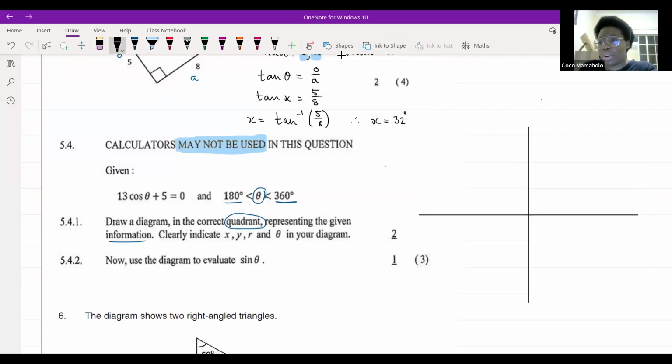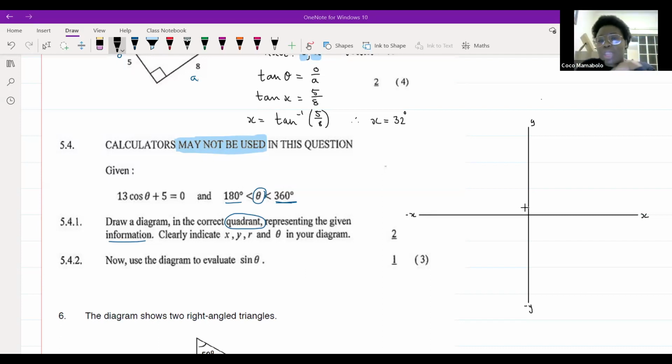And then we're going to label, we've got x, y, negative x, negative y, right? And they want us to draw this in the correct quadrant. Now, the problem that we're having here is that they haven't given us a coordinate. They haven't told us that this is the x value, this is the y value, so we know which quadrant it lies in.